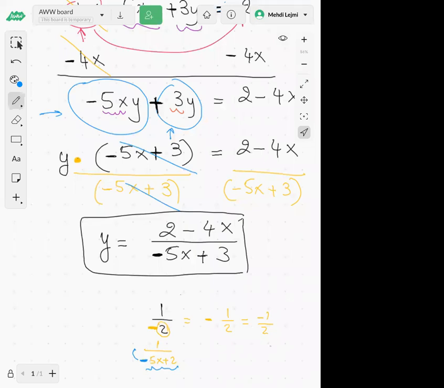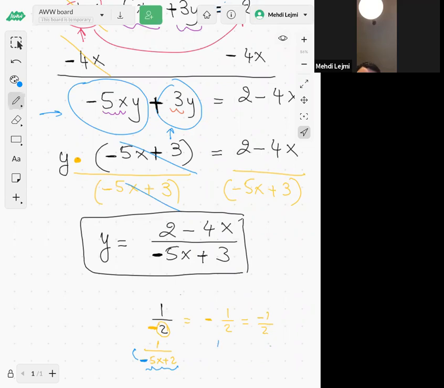The way to do it, if you want to move the minus to the top, is to factor out your minus, like minus 5x, and then it would be minus 2. Minus 2, that would be this plus. So this minus now is minus the whole denominator. And then yes, I can move it to the top, or put it in the front. Okay?